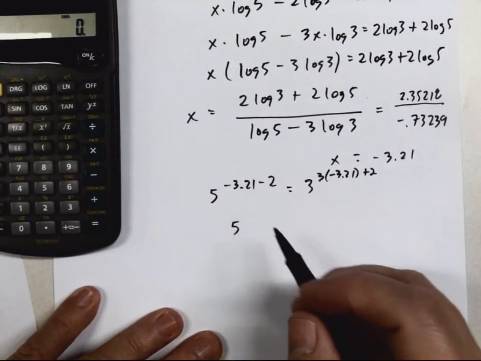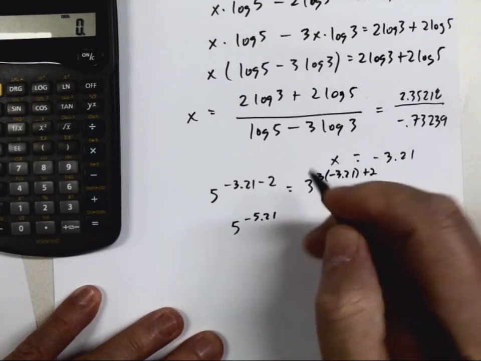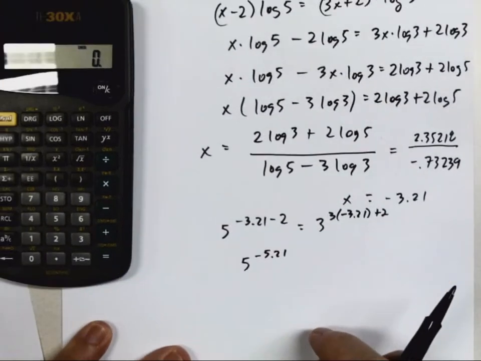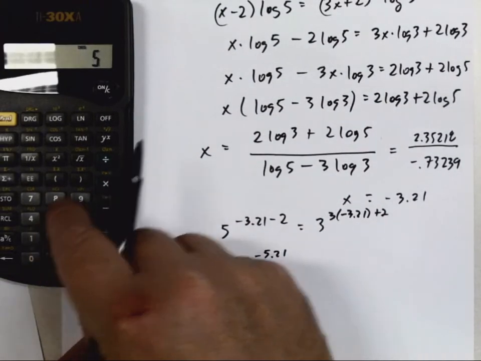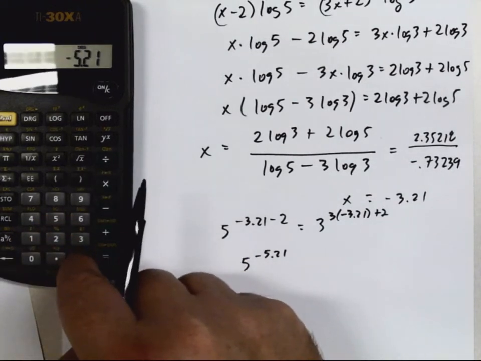Let's see what this thing equals first. This is going to be negative 5.21. So 5 to the negative 5.21.